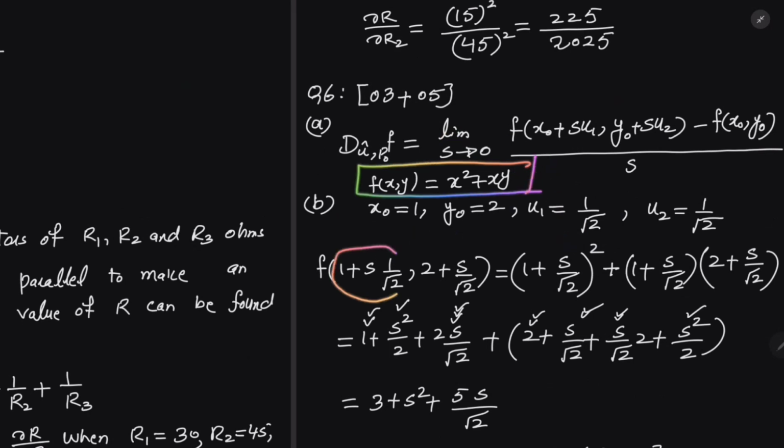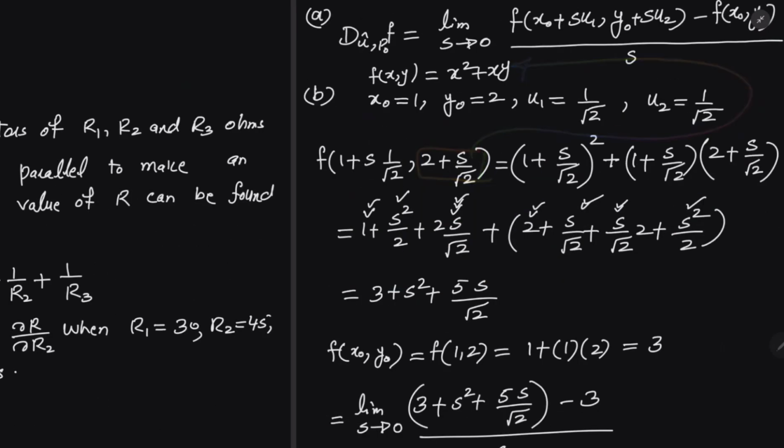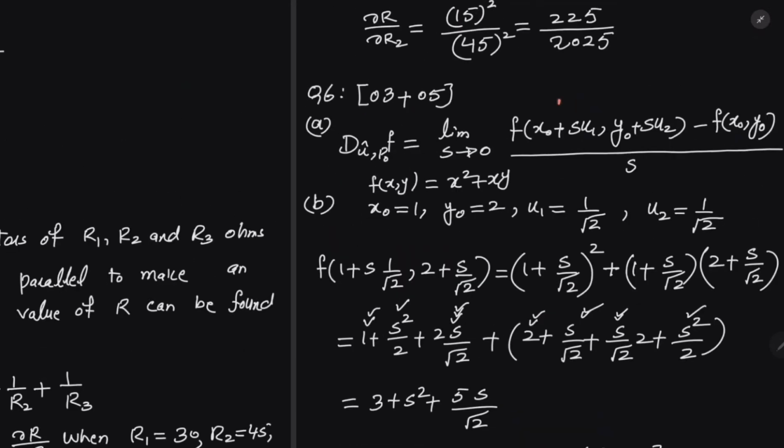So x is this value, we put that over here, and then this is y, we put that value over here, and after putting that value we get this function. And f at x naught, y naught we have 3, and we use only the definition. In the question it has been asked to find the directional derivative by using this definition.